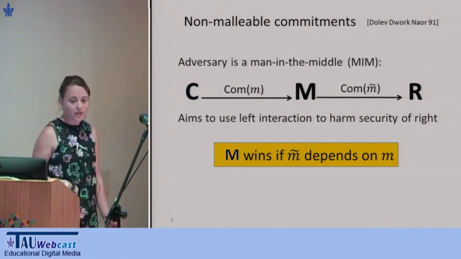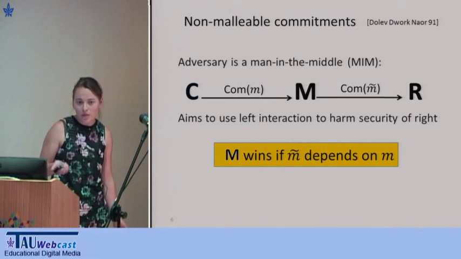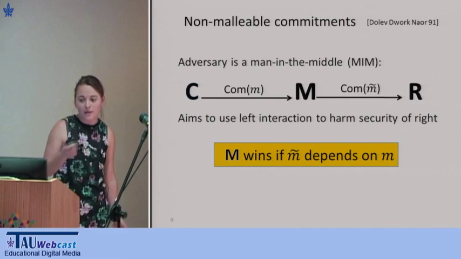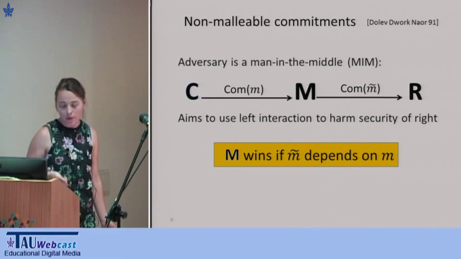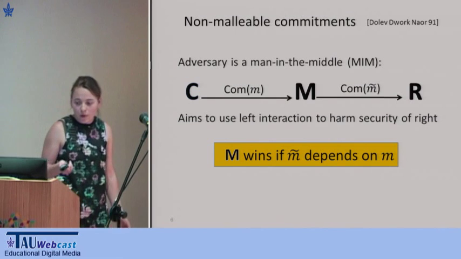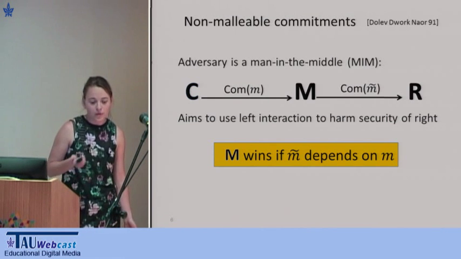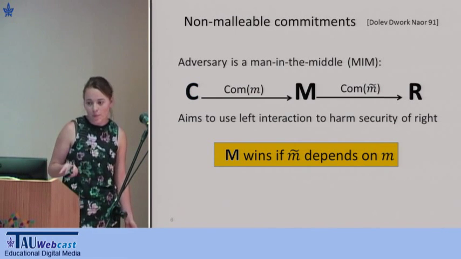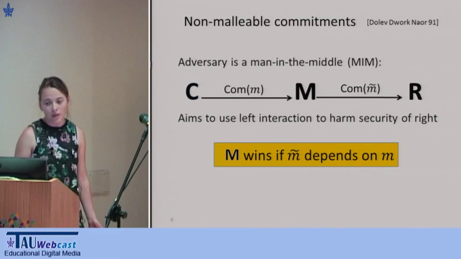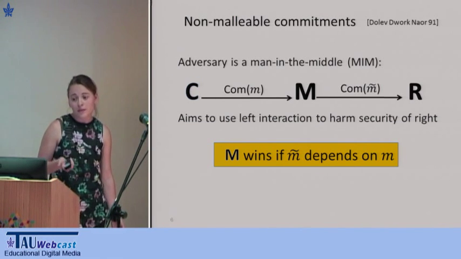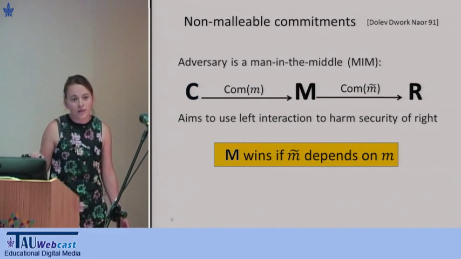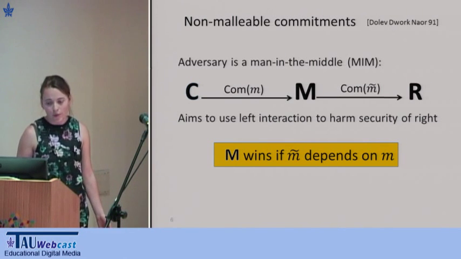For applications such as multi-party computation, where you just commit to the inputs, make some computation, but never open the commitments, this notion seems to be suitable. There is another notion called non-malleability with respect to opening, which guarantees that the man in the middle cannot open the commitment to a related value, but he might be able to commit to a related value without knowing how to open it.